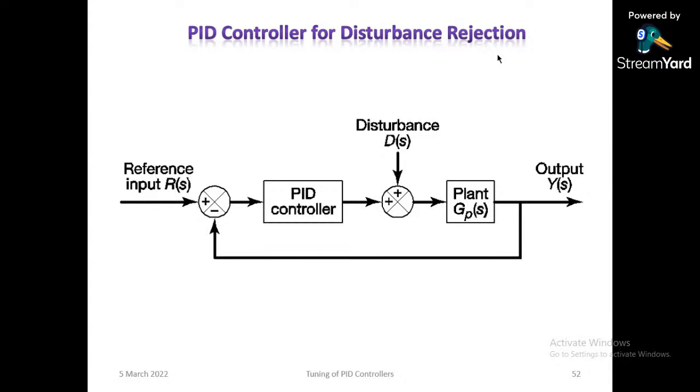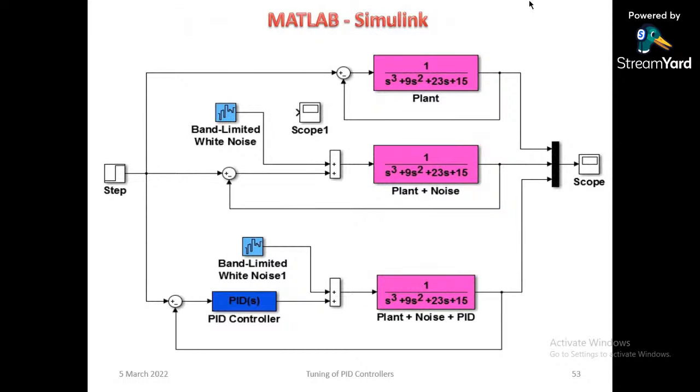Okay. Finally, with the help of MATLAB Simulink, let me show you MATLAB Simulink. I will show you. Here is my plant, consider a simple plant, open loop, I closed the loop, I'm getting this, okay, without noise, okay, this part, and this part is with noise, you can see.